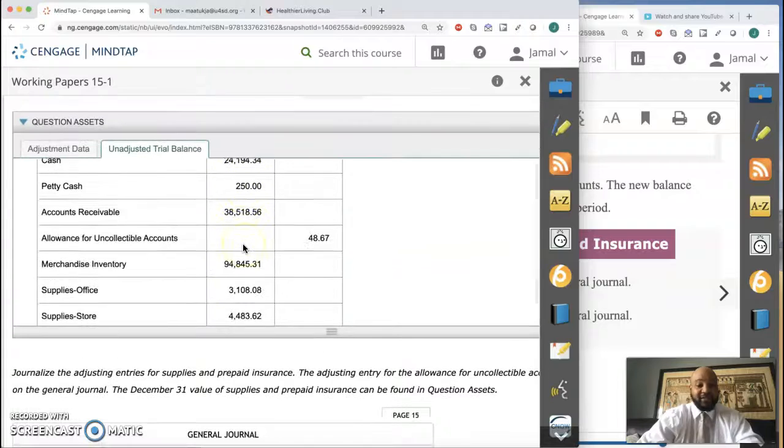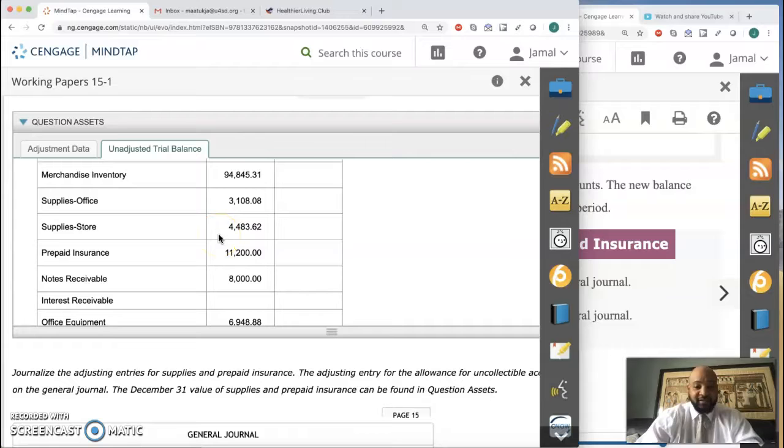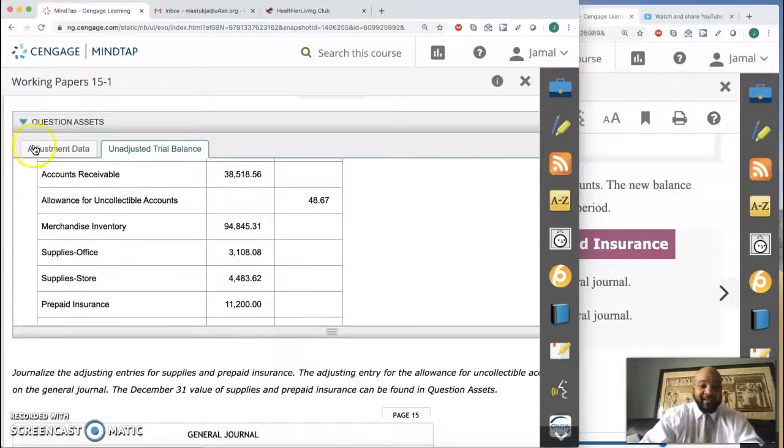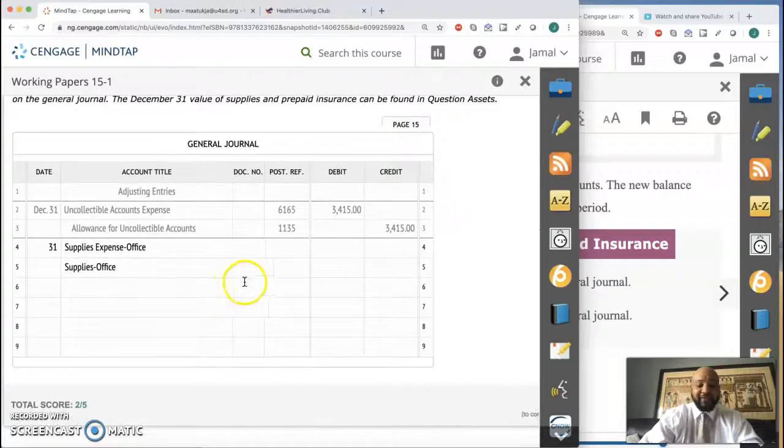What is the adjusting entry though? The beginning amount for supplies, office, was $3,108. So on my calculator, I'm going to put in $3,108 minus my ending balance. Office supplies ending is 548.6, which gives me an adjusting amount of $2,559.48.